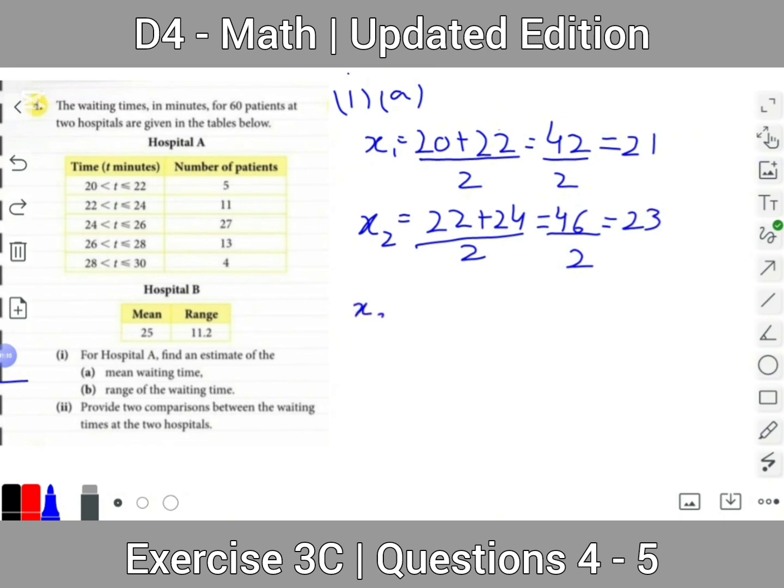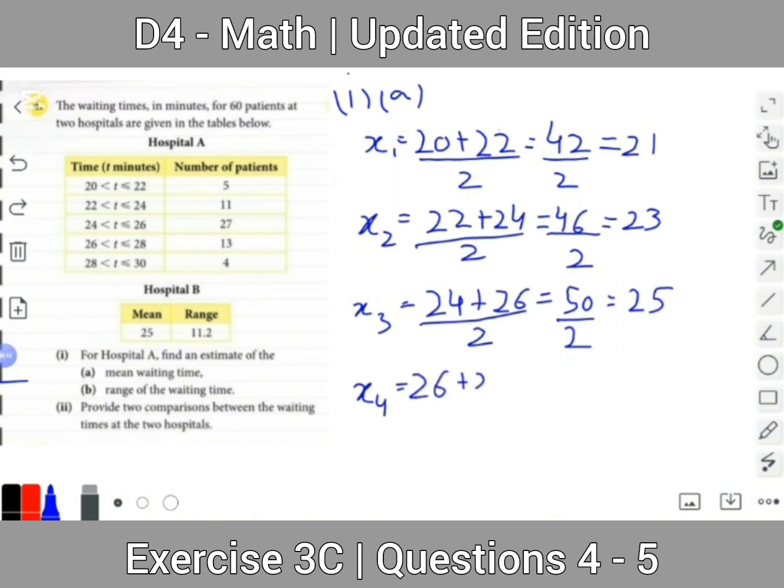Now for x3, we have 24 plus 26 divided by 2. So here we have 50 divided by 2, and it gives us 25. Now for the fourth mid value, we have 26 plus 28 divided by 2.